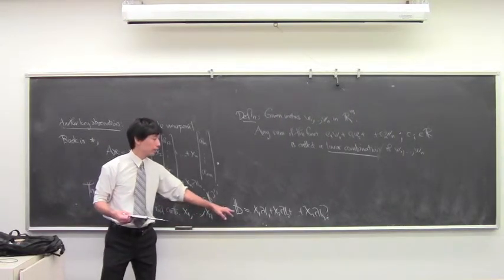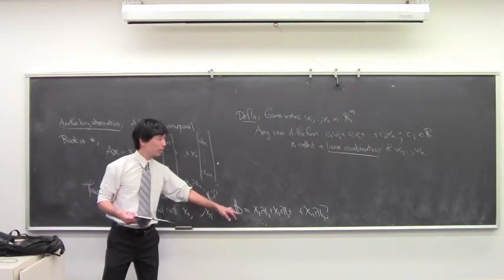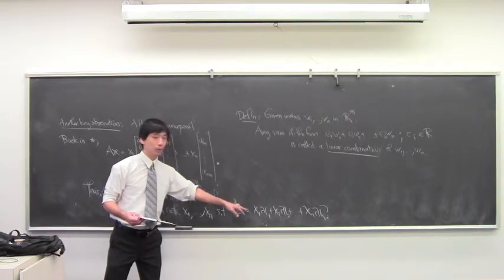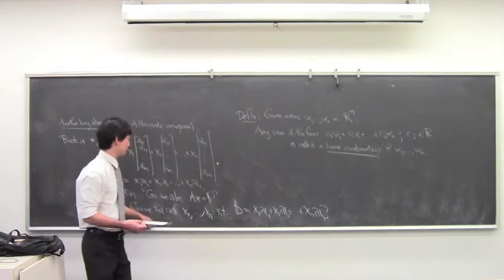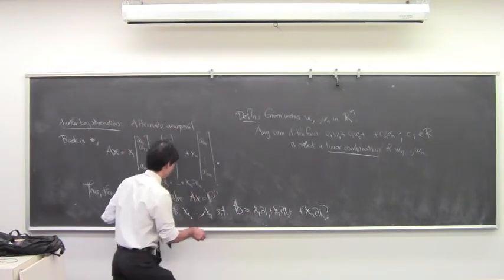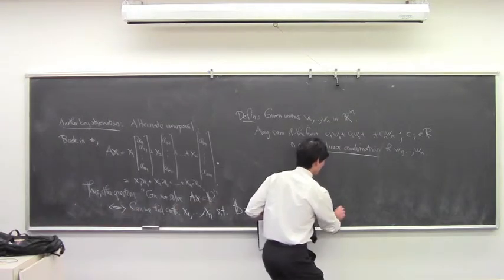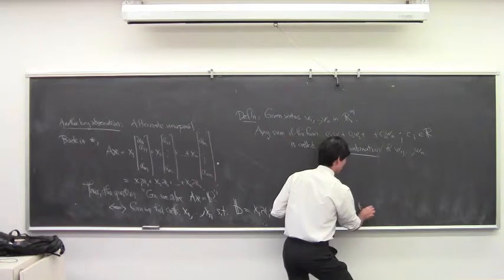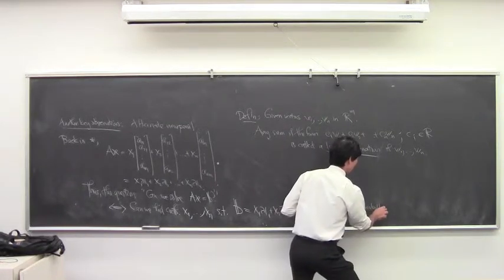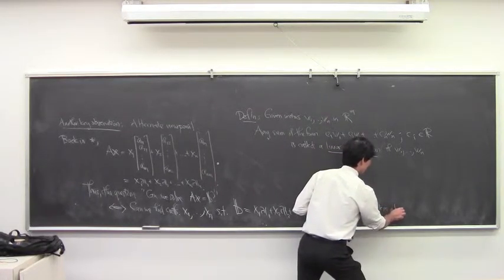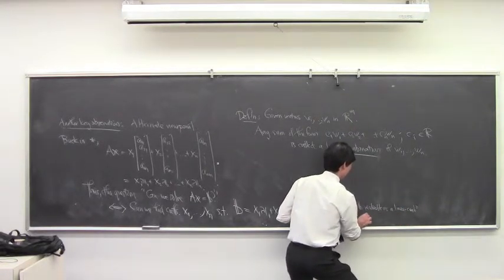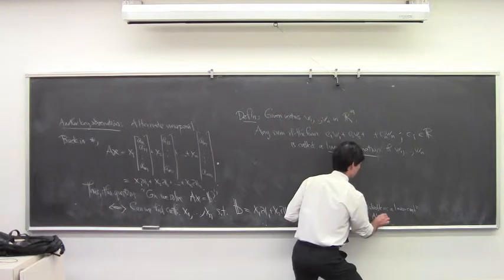So this is saying, is b realizable as a linear combination of the column vectors of A? Just to use the new language, is b realizable as a linear combination of A's column vectors?